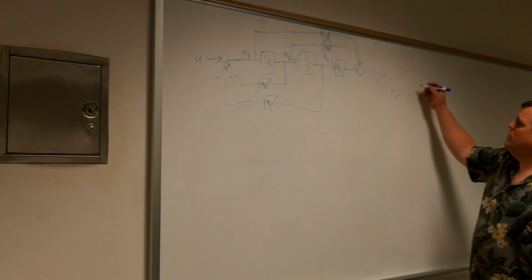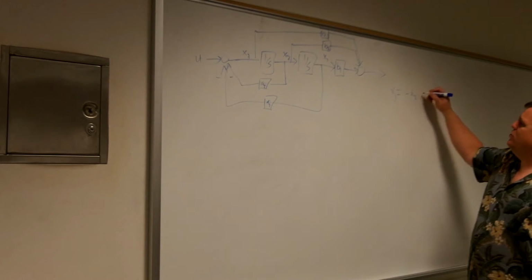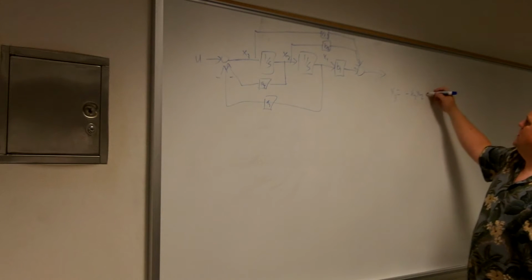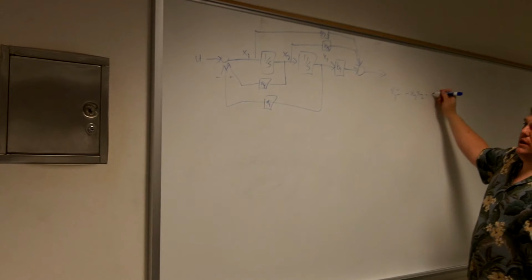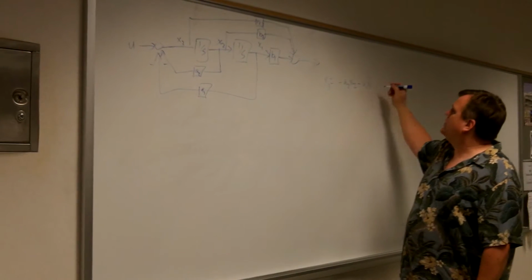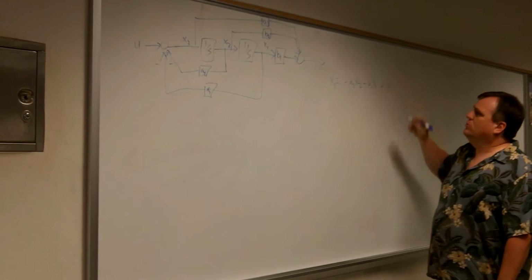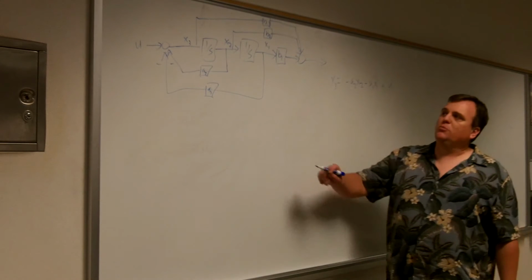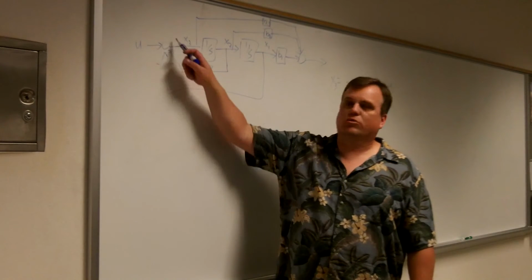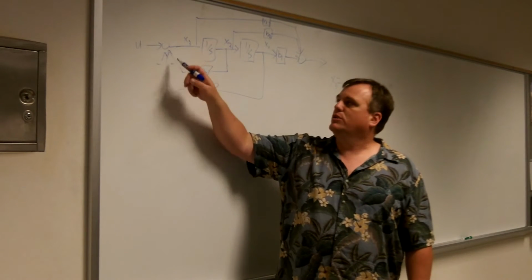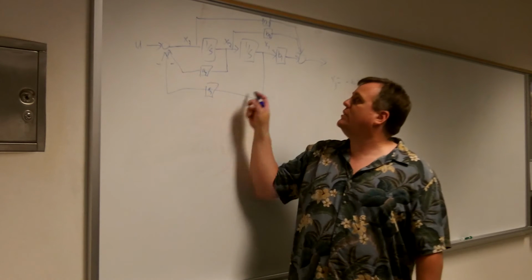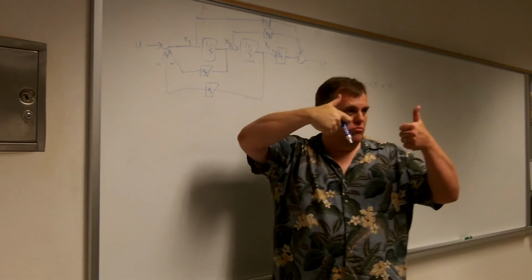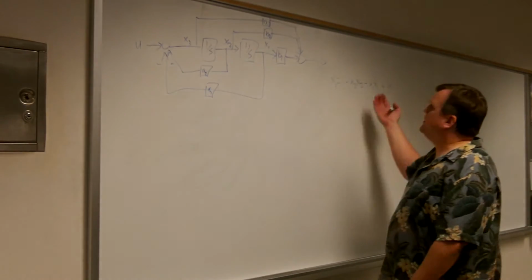X3 is equal to minus a2 x2, minus a1 x1, plus u. We agree? All I'm saying is x3 is whatever comes out of this, which is just minus a2 x2 minus a1 x1 plus u. Good? So I can write that expression down.